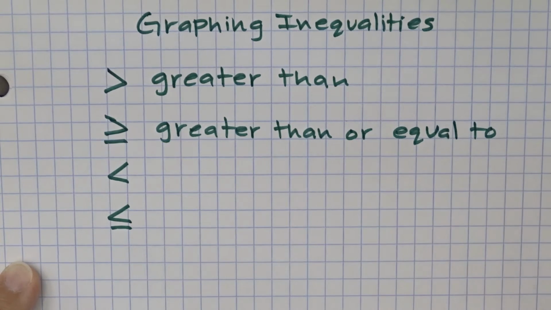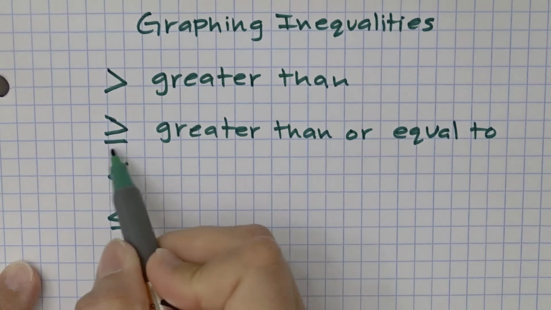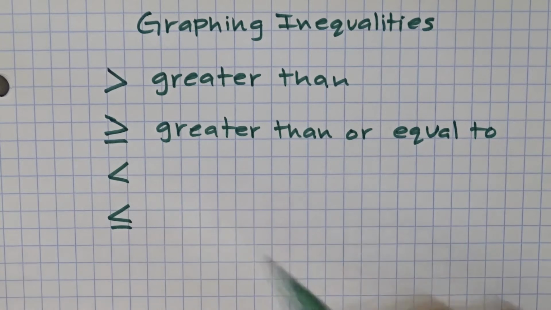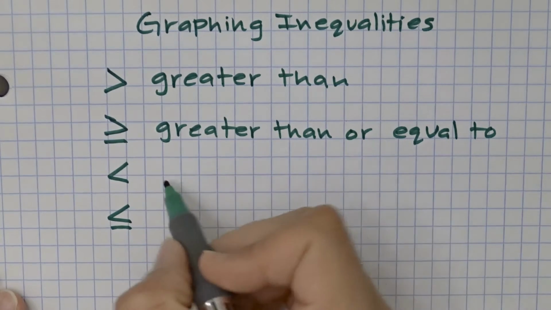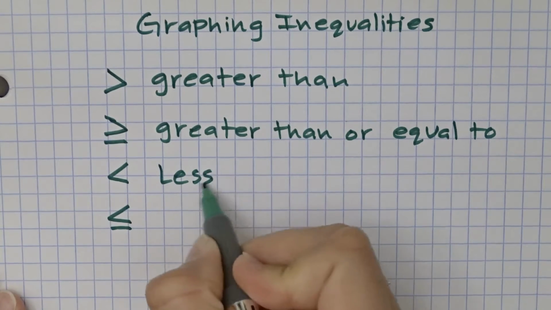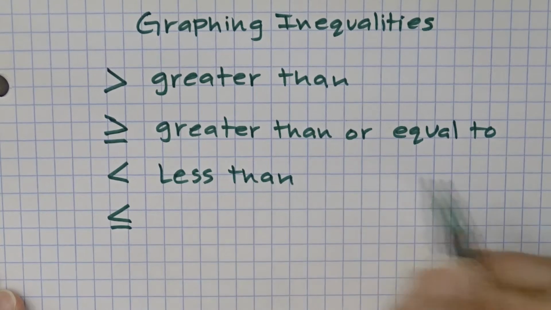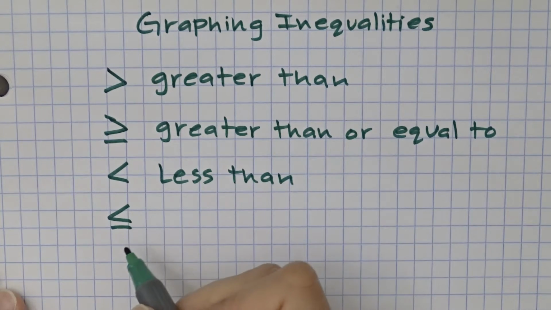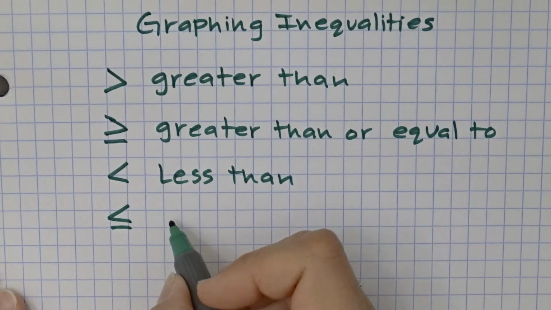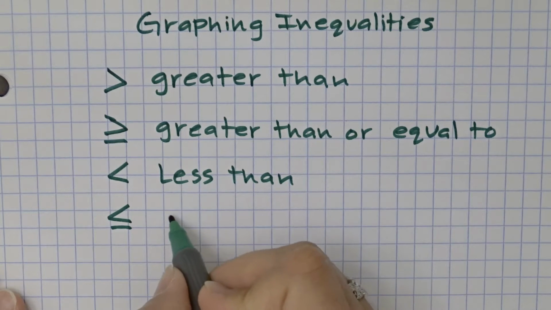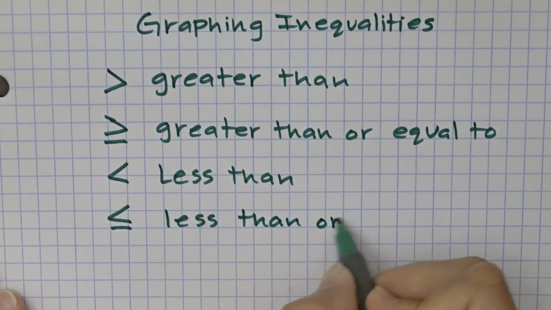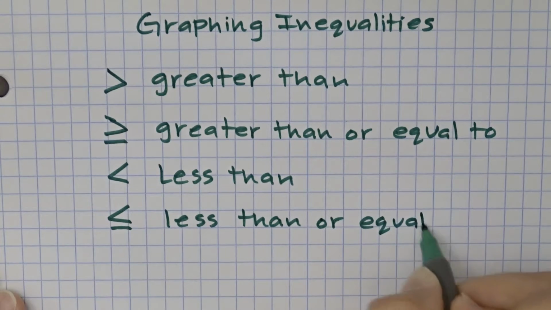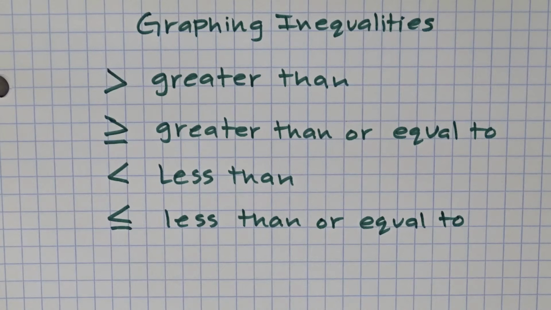Now, the reason why it's greater than or equal to is because technically it's like merging an inequality sign and an equal sign together. So it's like you're morphing them together into this symbol. So we have the less than, and a less than and an equal sign morphed together gives you the less than or equal to symbol. So it's like two symbols in one.